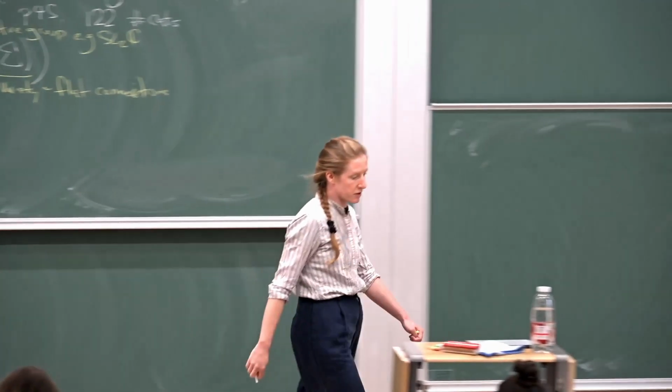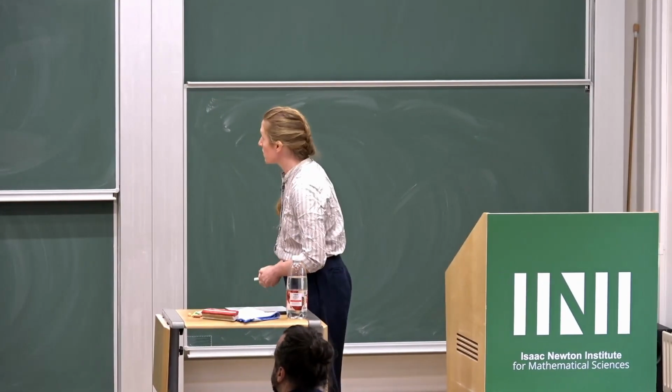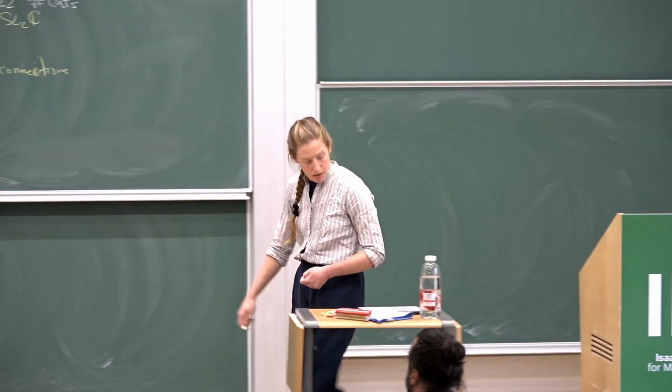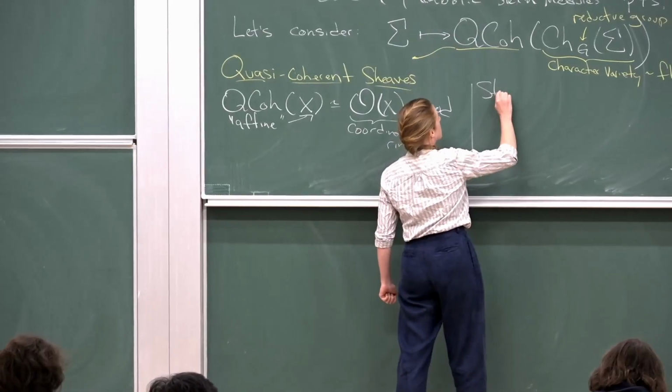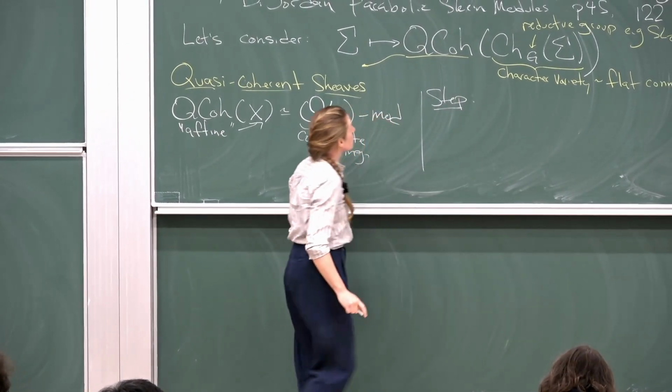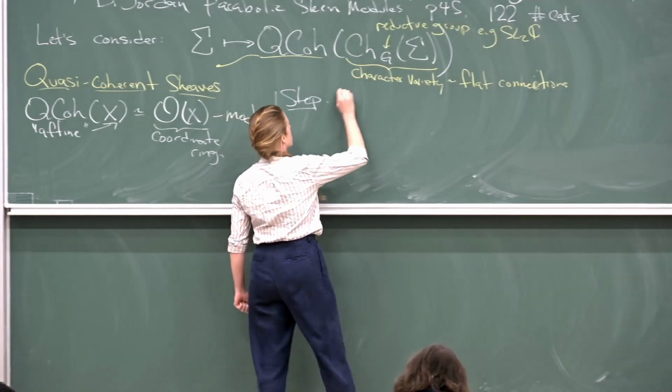So when I write quasi-coherent sheaves, you can think this is mathematicians generalizing the idea of modules. And the first step in this story, which was done before our work, was we want to quantize the story.